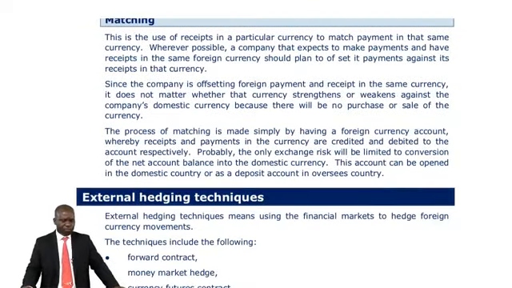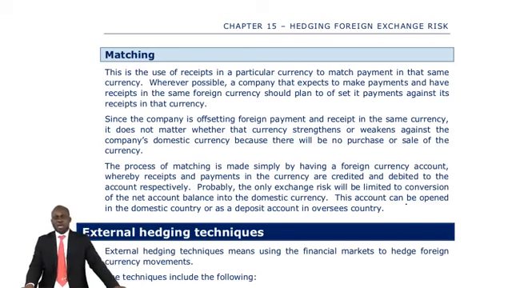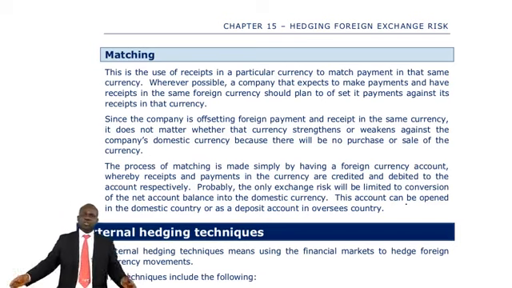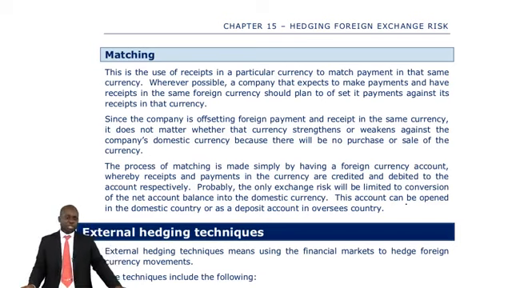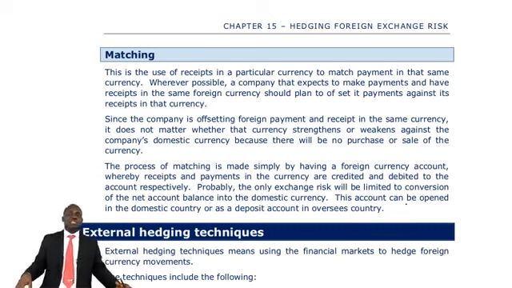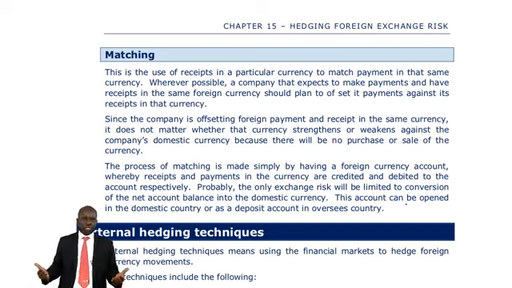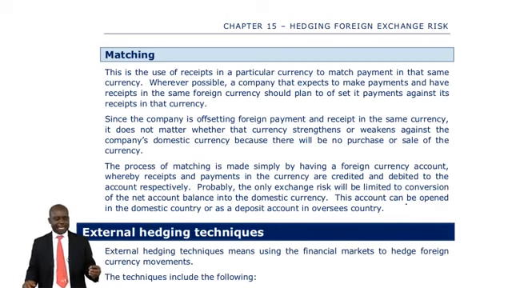Now let's move on to matching. What is matching? Matching, I know at F9 level, or some textbooks confuse matching and what? Netting. Some textbooks say that matching is the same as netting. From the English point of view, that is perfect. But when we come to P4 and hedging, technically netting and matching are slightly different.